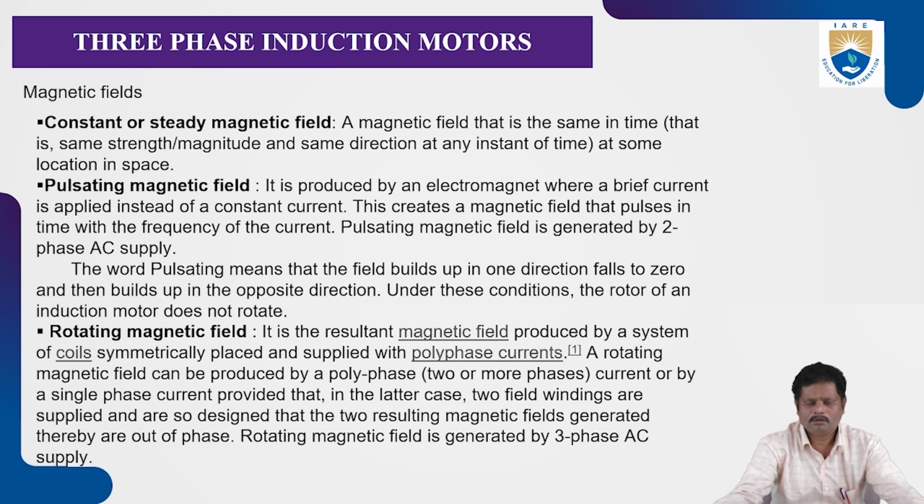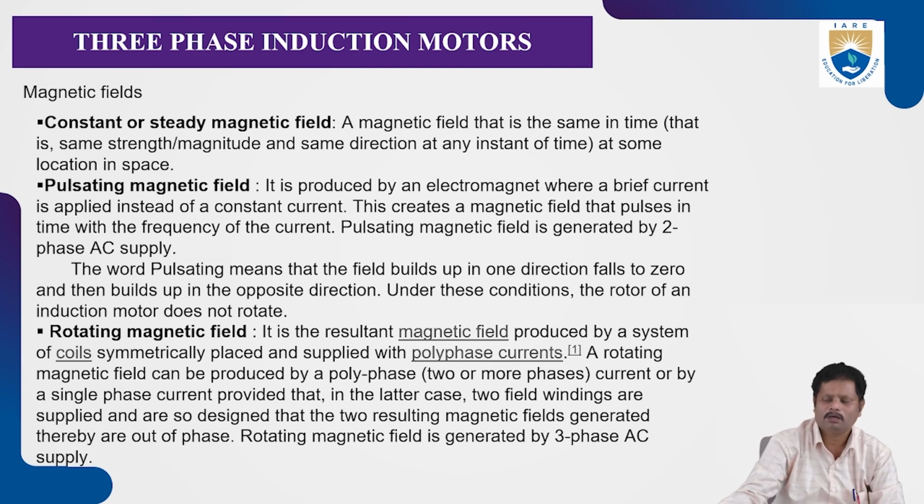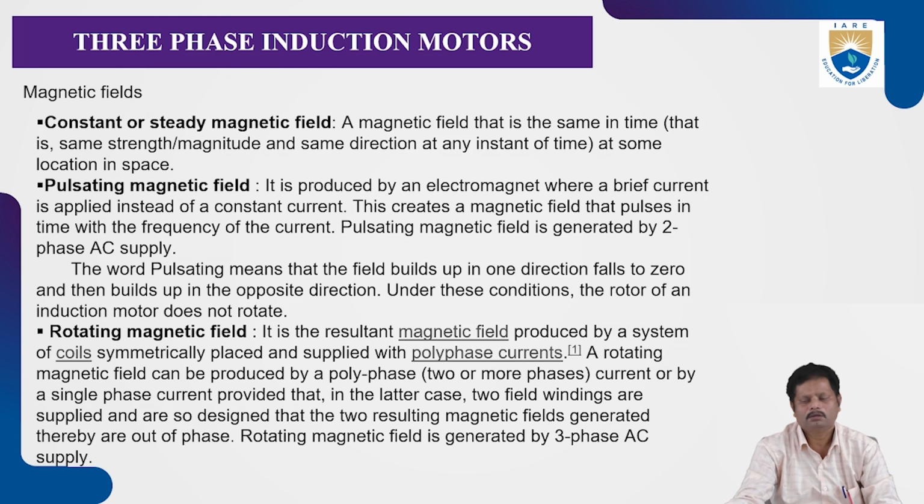We know the basic principle of generator and motor: a motor takes electrical energy and supplies mechanical energy. Similarly, we give input mechanical energy to the generator and it converts the mechanical energy into electrical energy.